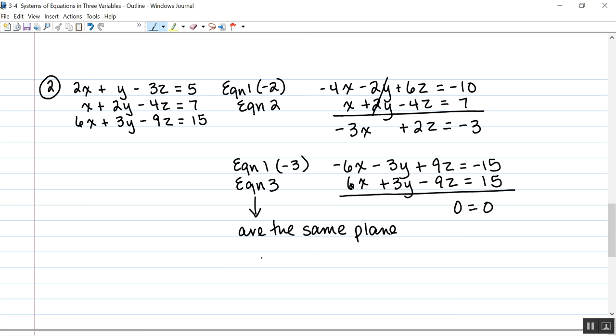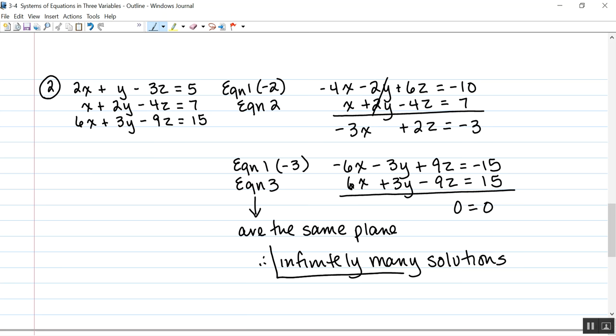Okay, so there are infinitely many solutions. Because equations 1 and 3 are the same plane, they intersect equation number 2 in a line, and that line means that there are infinitely many solutions to this system.